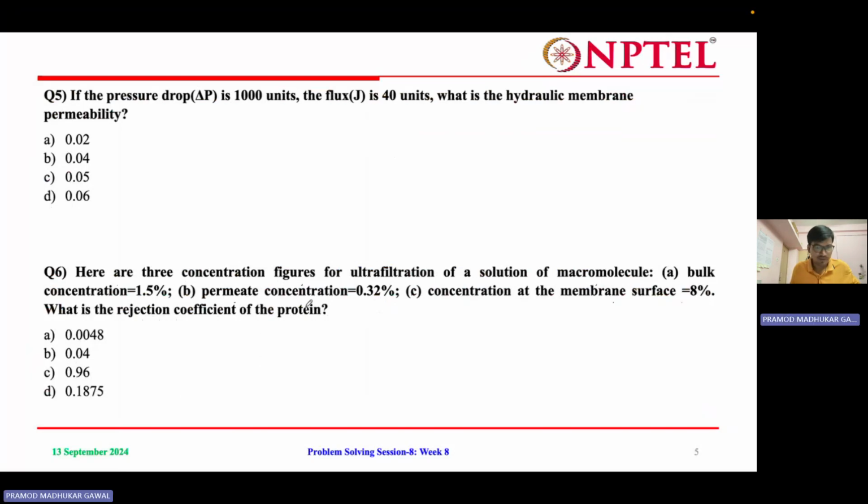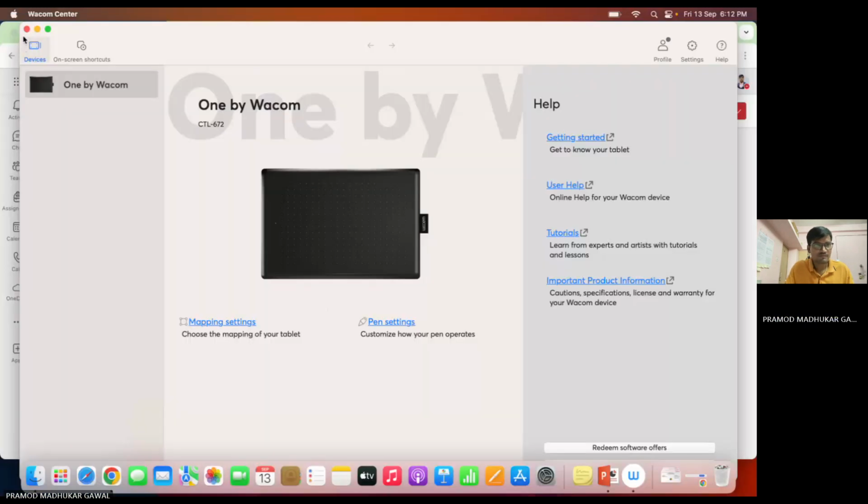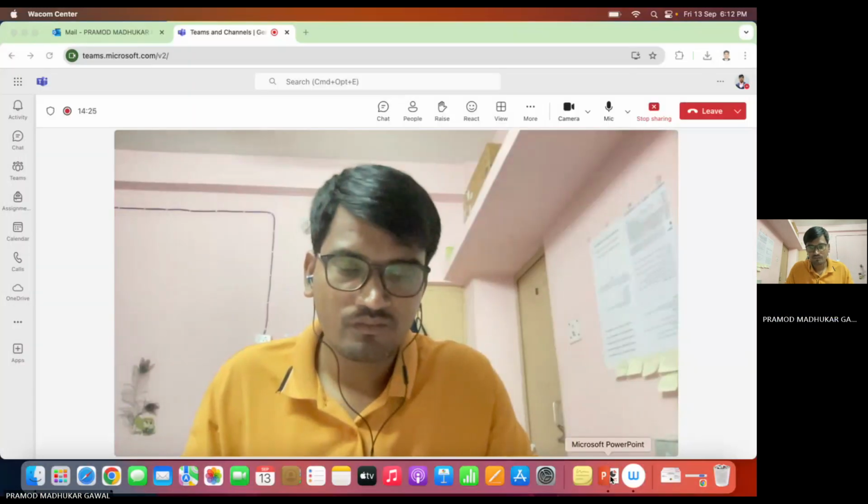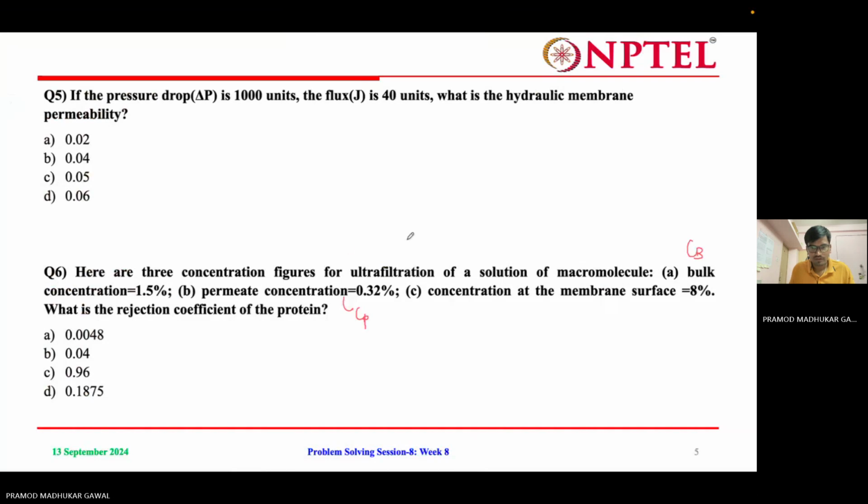Cp is the solute concentration in the permeate, Cb is the solute concentration in the bulk solution, and the concentration at the membrane surface is Cm.